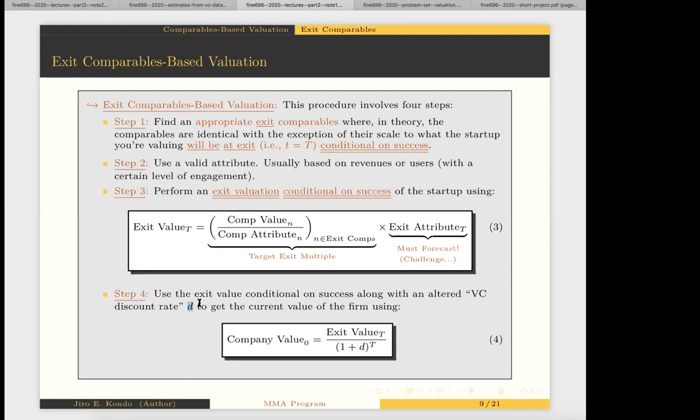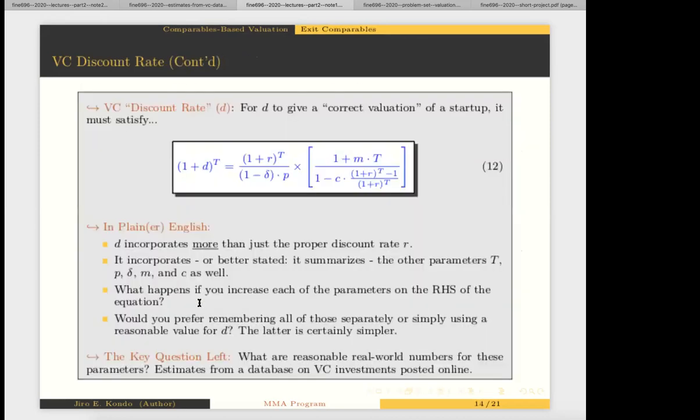If you recall, we had shown that the value of D was given by this expression here. So this VC discount rate was picking up the true discount rate for the startup, but also other information like anticipated dilution, probability of success, and fees charged by the general partners of a venture capital fund to the limited partners that provide capital to that venture fund.